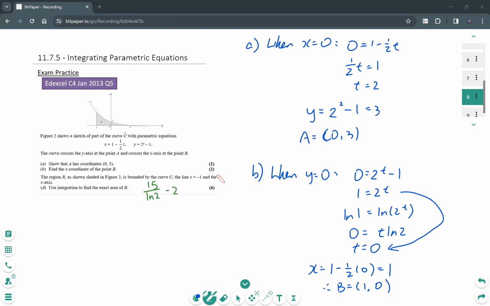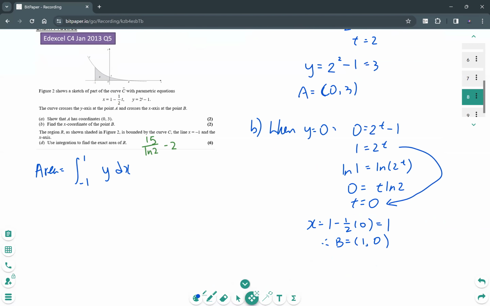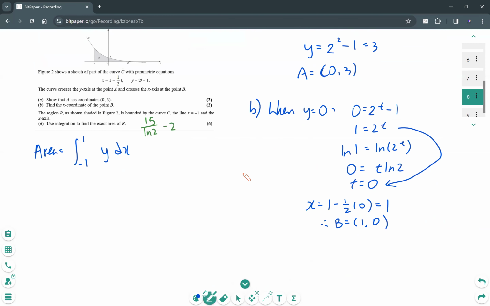So the final area is bounded by the curve. Now I know it's bounded between x equals -1 and 1. So therefore the area is going to be the integral from -1 to 1 of y dx. But you know, by now you need three things. You need the new range, which we can do first. So x, t, 1, and -1.